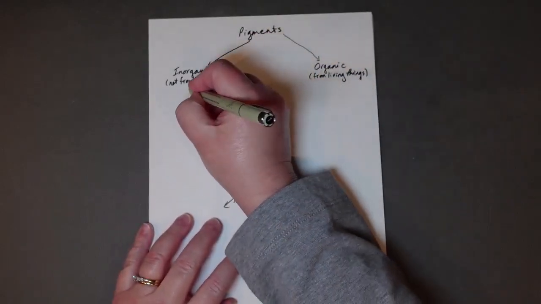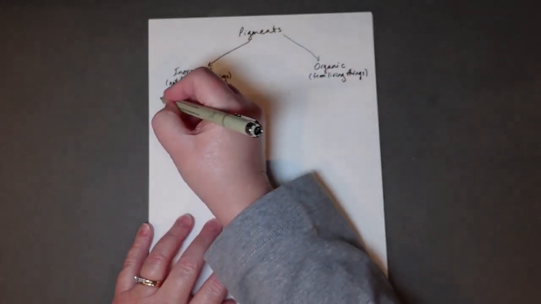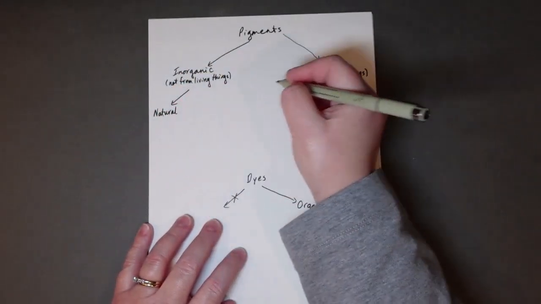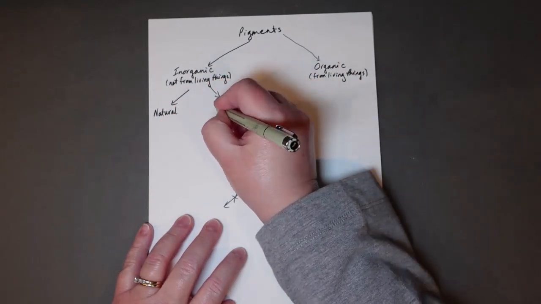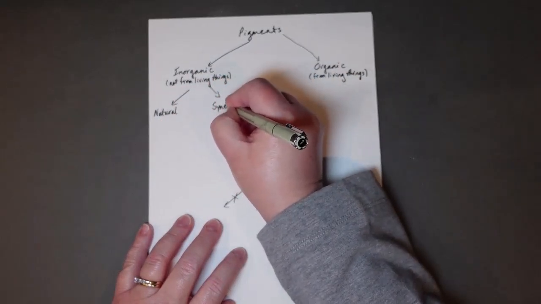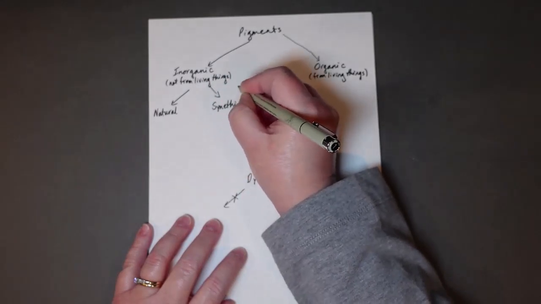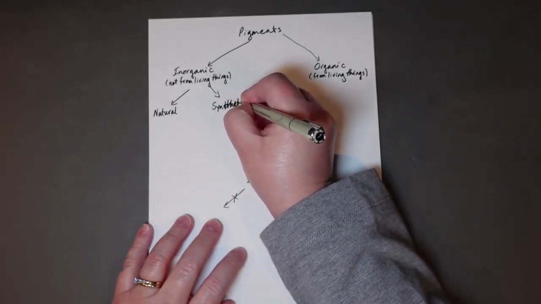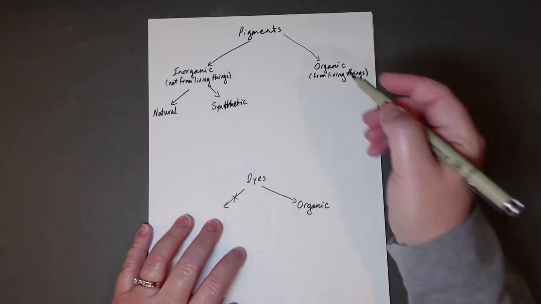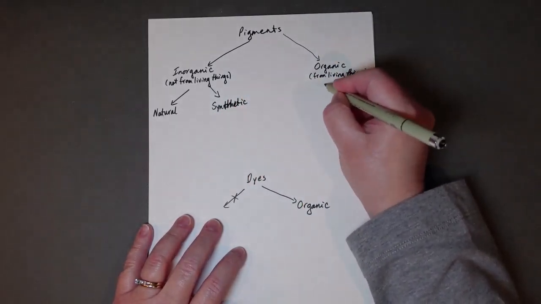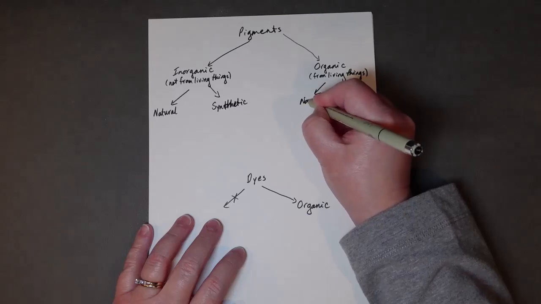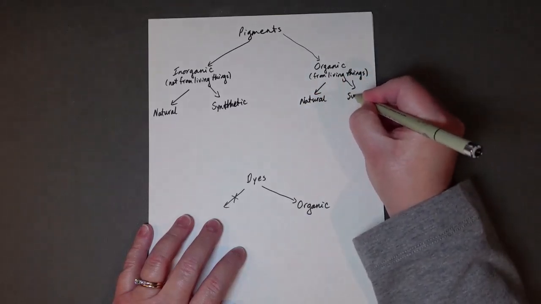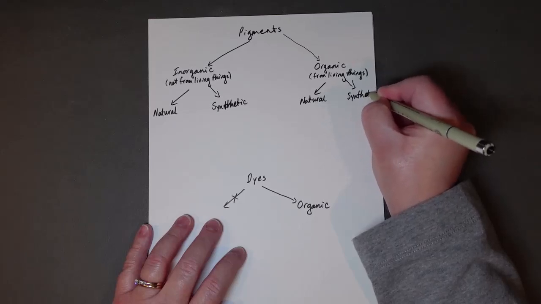And on top of that, we can have inorganic pigments that are natural and inorganic pigments that are synthetic. And we can have organic pigments that are natural or synthetic.